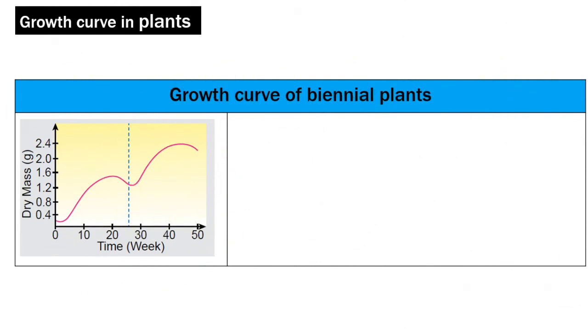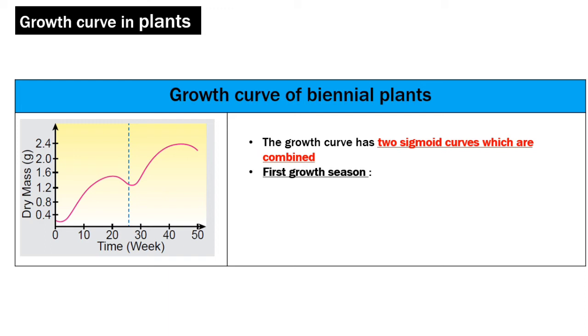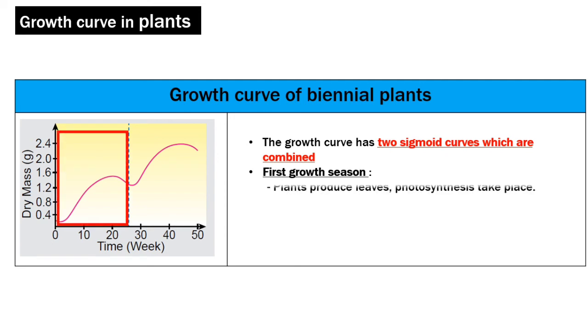Next, we will discuss about the growth curve of biennial plant. Biennial plant contains two seasons. Okay, so they have two sigmoid curves which are combined. First growth season, first part, the plant produces leaf, photosynthesis takes place.